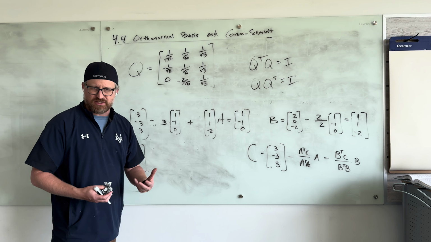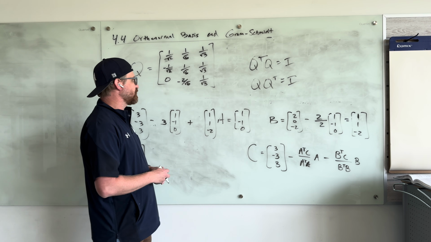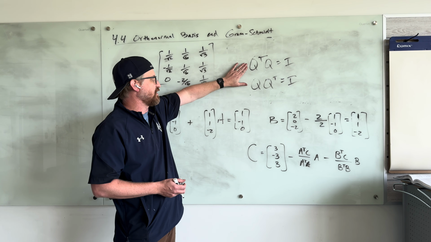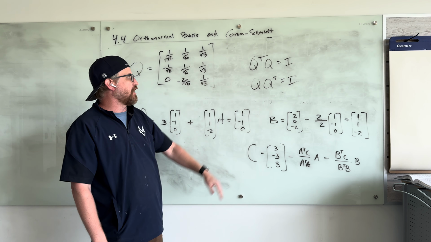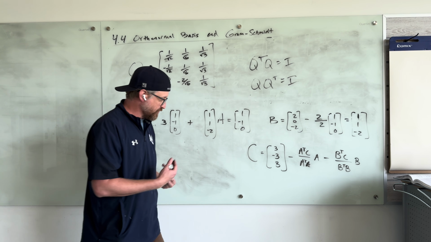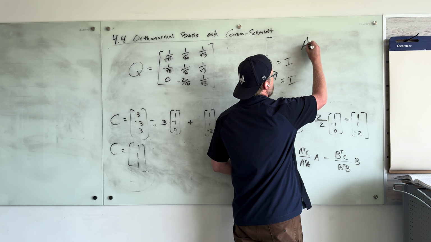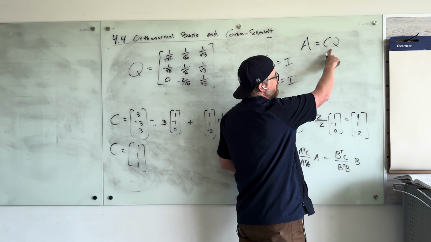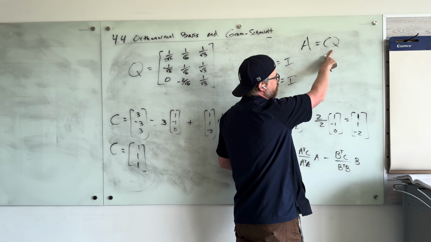Why do we do this process? Why do we care about finding this orthonormal basis? Well, one, these calculations really simplify what we're doing, and this is actually going to uncover a new factorization. Because if we're taking that matrix A, I'm essentially turning it into Q, but they're not directly equivalent.